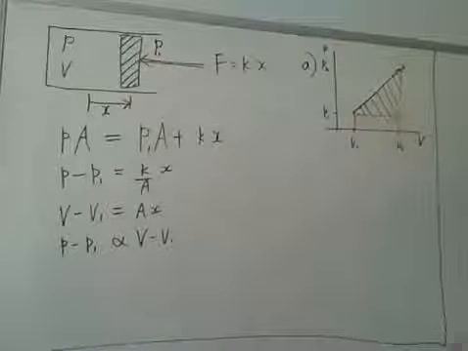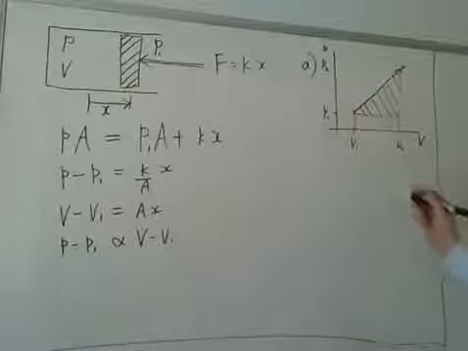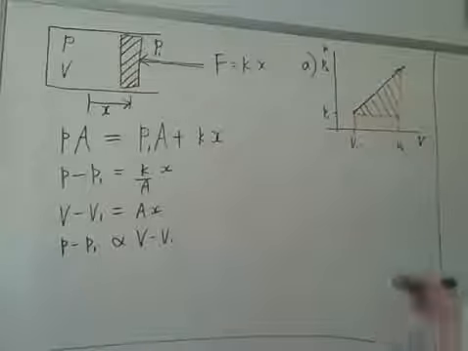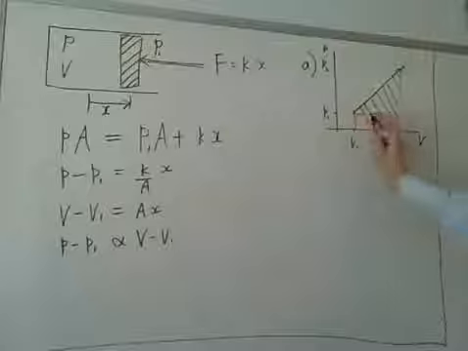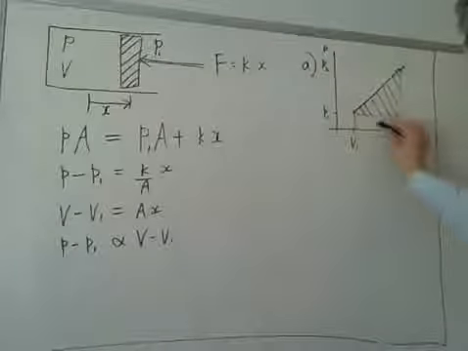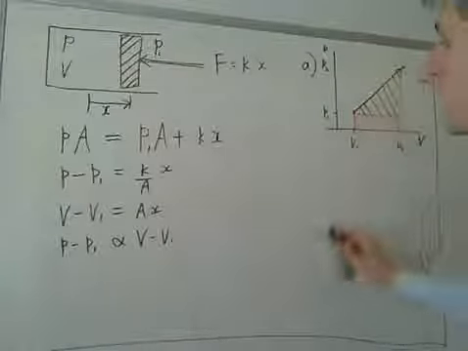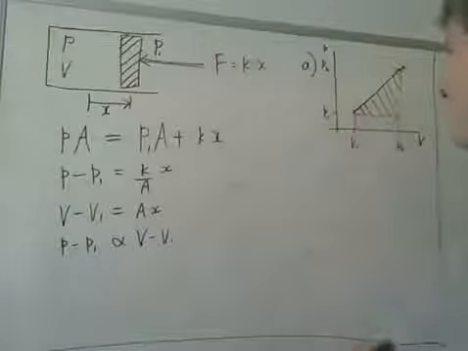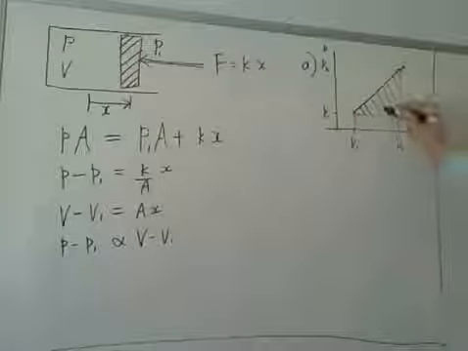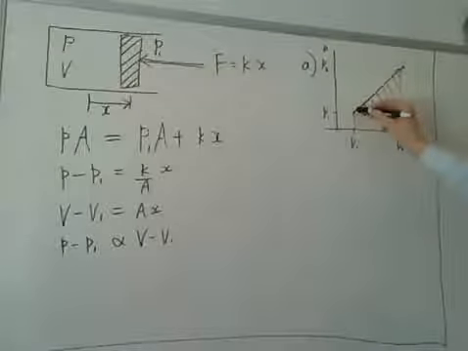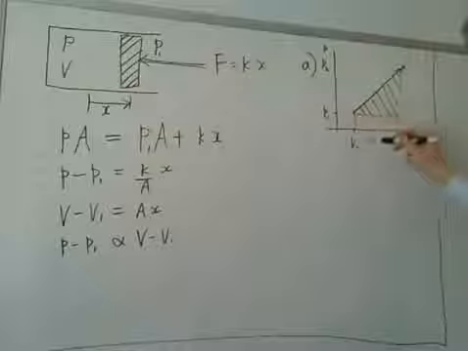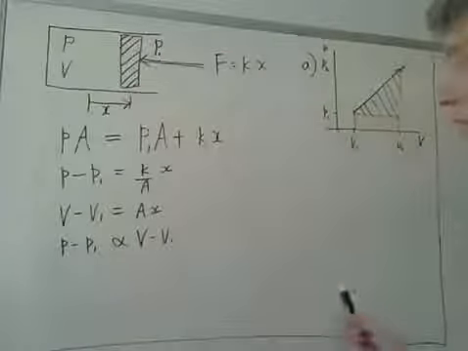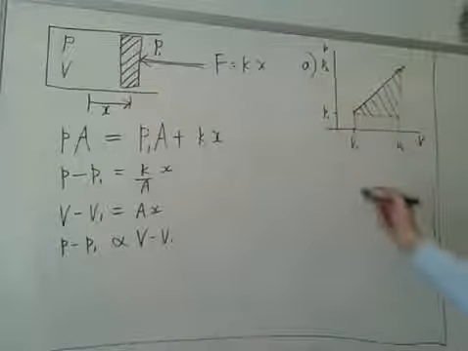And so the total work is the total area. But what do these two areas correspond to? Here we're working against a pressure of P1, a constant pressure. So we could say that this is the work done against atmospheric pressure, or the background pressure P1. Whereas this increasing pressure with displacement is due to the increasing force on the piston as the spring gets compressed.